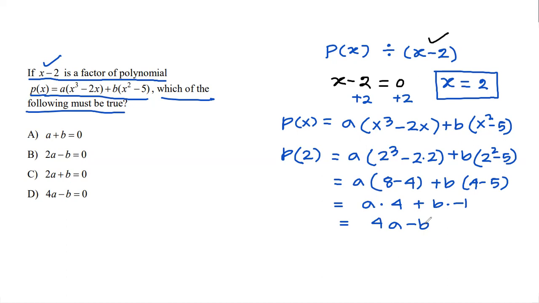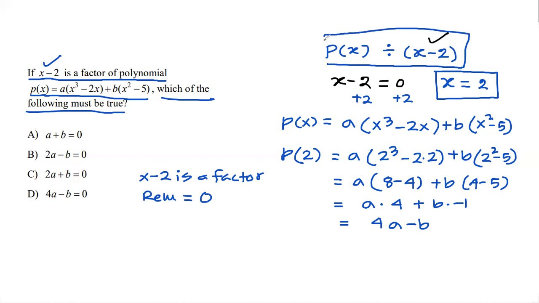And in the question, it's given that x minus 2 is a factor, right? That means if you divide the polynomial p(x) by x minus 2, you'll get the remainder equal to 0 because x minus 2 is a factor. Now, we found the remainder when p(x) is divided by x minus 2 by plugging in x equals 2.